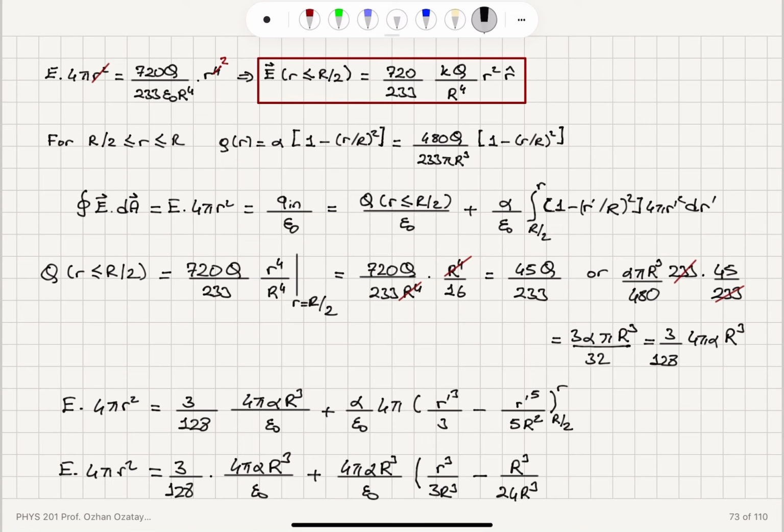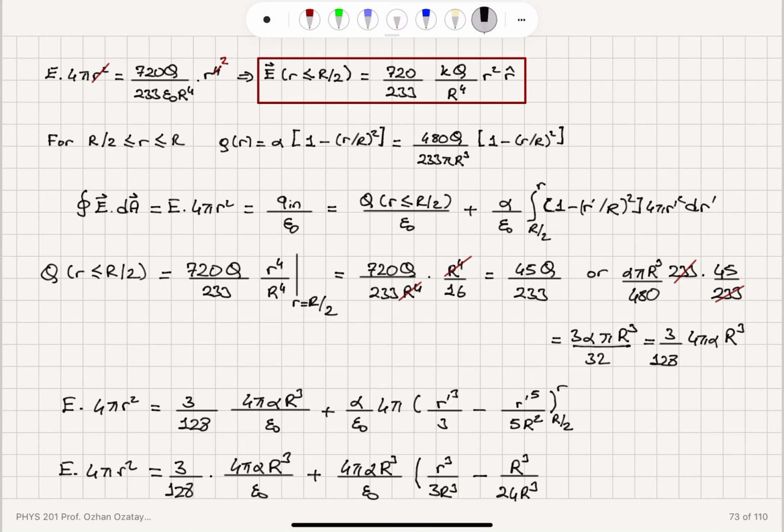Minus, now I'm evaluating this term at R to the fifth power, R to the fifth power divided by 5 capital R square, but I have multiplied top and bottom with R cube, so this is 5R to the fifth power, and minus becomes a plus.